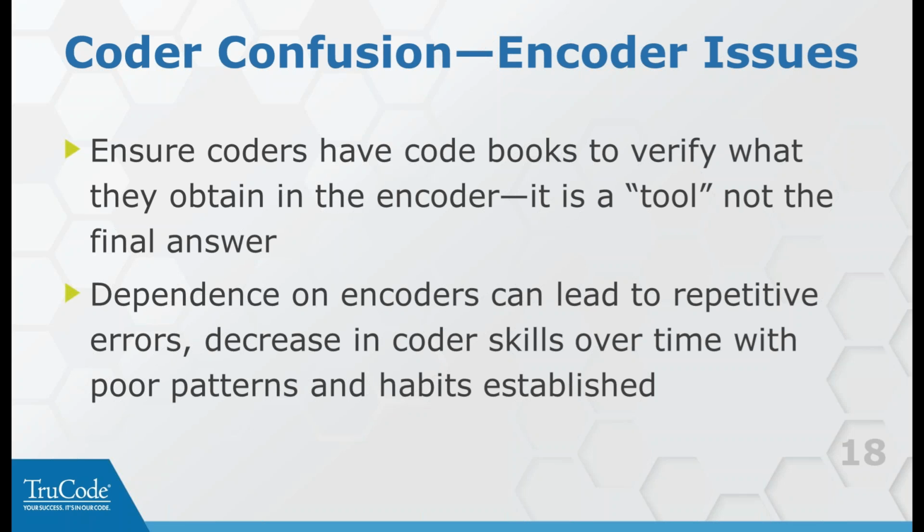So I really encourage you to try to make sure that you really understand that clearly, because it's going to be really important as you go forward with different types of procedures that you have to code, to understand that better and not just assume that whatever the encoder gives you is the correct answer. If you get bad patterns going on with a certain procedure, every time you code that, you code it incorrectly, then you have over time a pattern of incorrect coding that you don't want to set up.